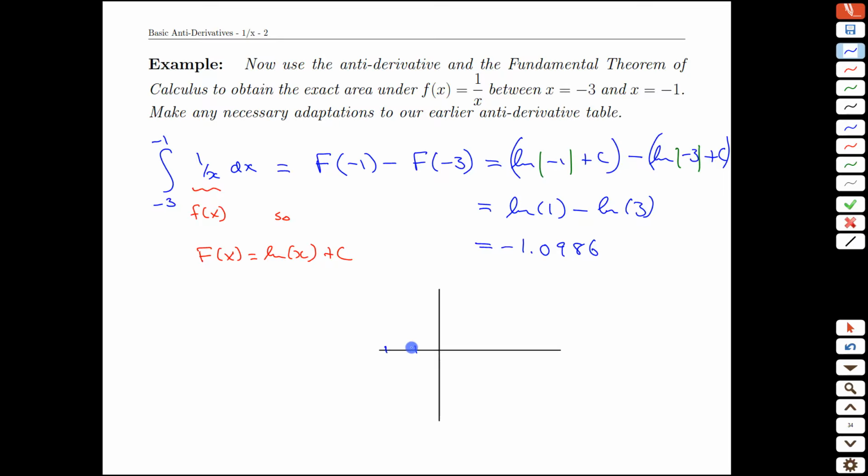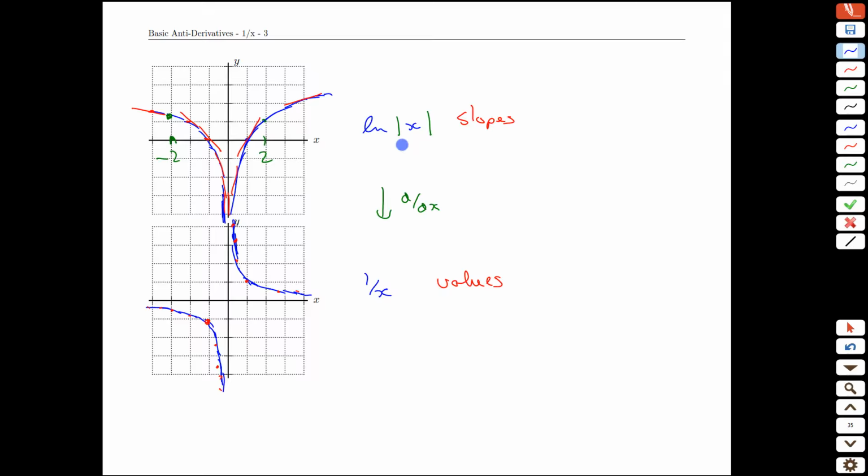Absolutely not. Remember what we're calculating. We're calculating the integral under the graph of 1 over x from -3 to -1. This is all below the axis, so we expect it to be negative as a final answer. That makes total sense. What we had as a problem was ln of negative numbers along the way, and we've resolved that now by recognizing that the antiderivative of 1 over x is ln not just of x, but ln of the absolute value of x.